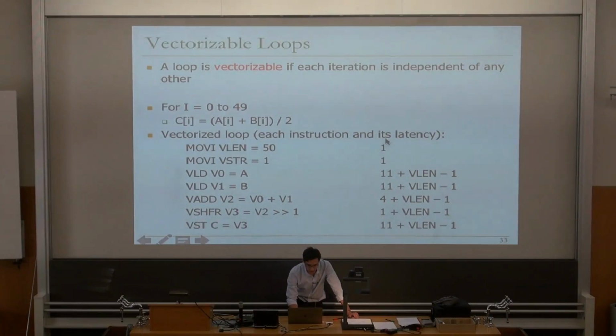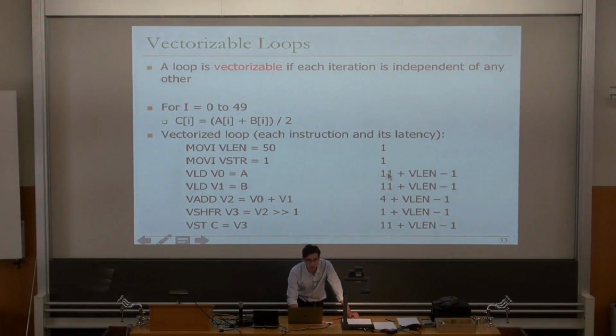Now here on the right hand side you can see the latency of all these instructions. The latency of the individual operations is exactly the same. For example, 1 cycle in case of the move instructions, 11 cycles is the memory access latency.